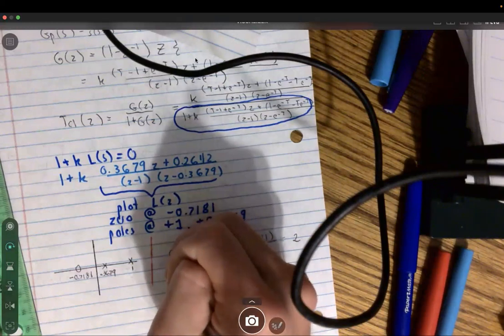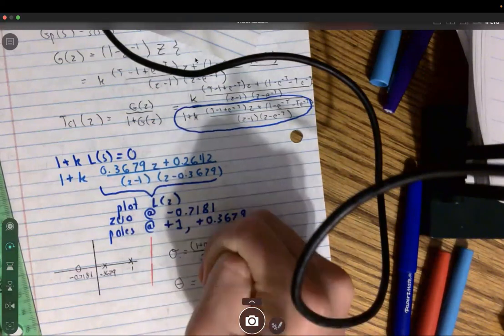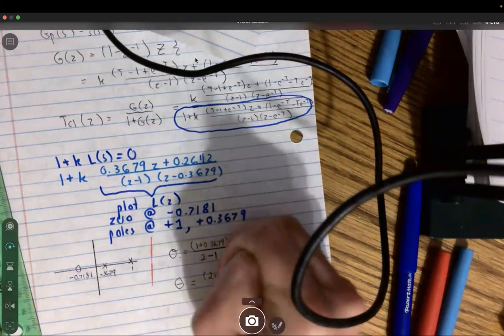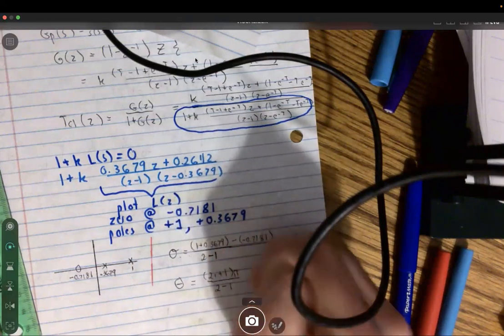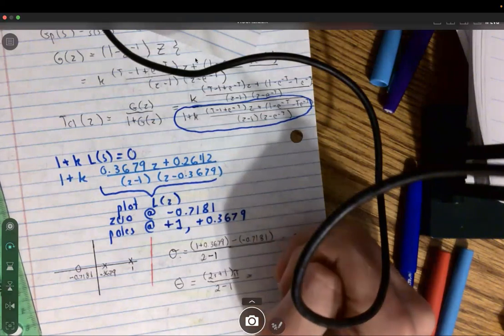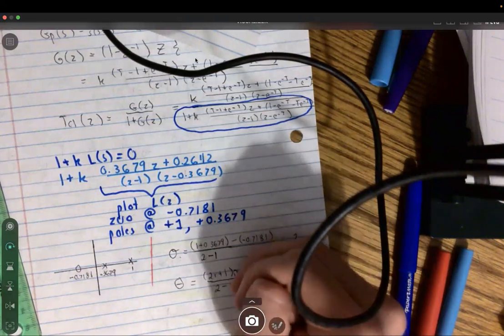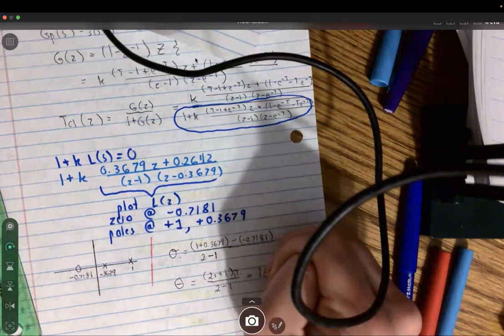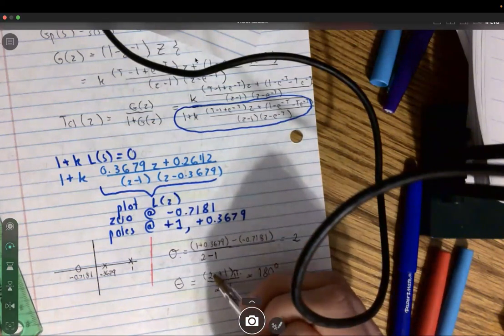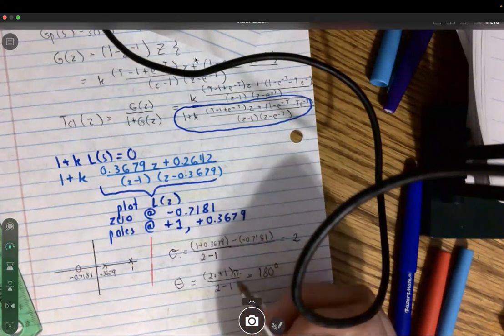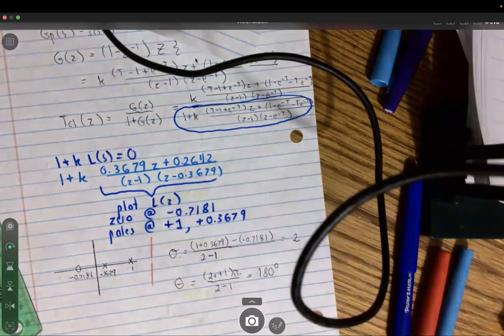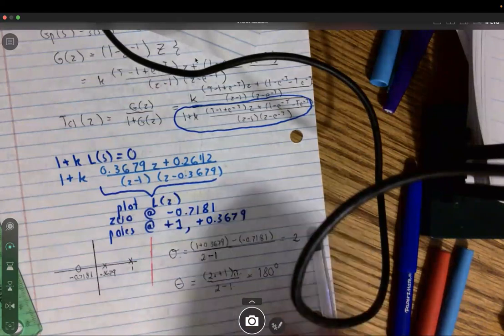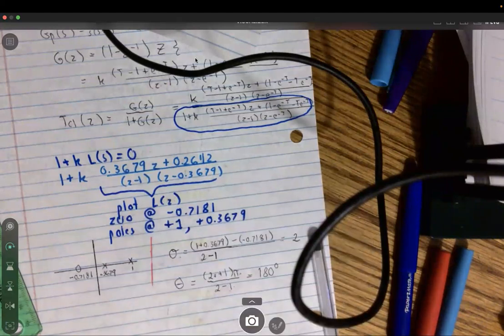We look at 2r plus 1 times pi all over the number of poles minus the number of zeros. Plugging in r equal to 0, you'll get pi over 1, so you'll get 180 degrees. When you plug in r equal to 1, you're going to get 3 pi over 1, which is just 3 pi, which is 180. So it's the same thing, it keeps repeating. So we only have the one angle, the asymptote goes 180.